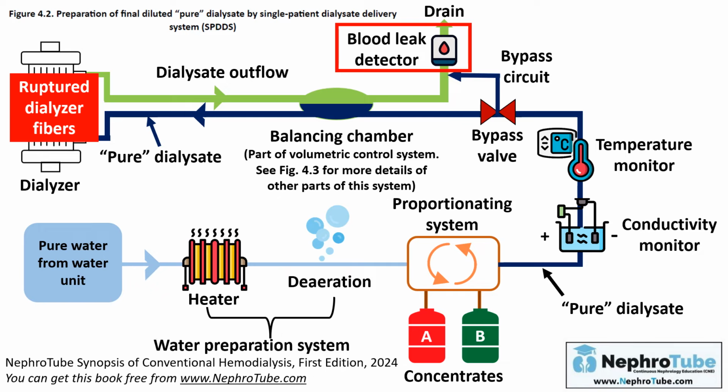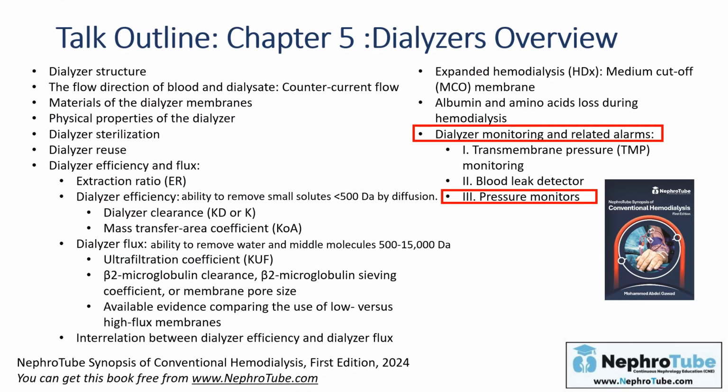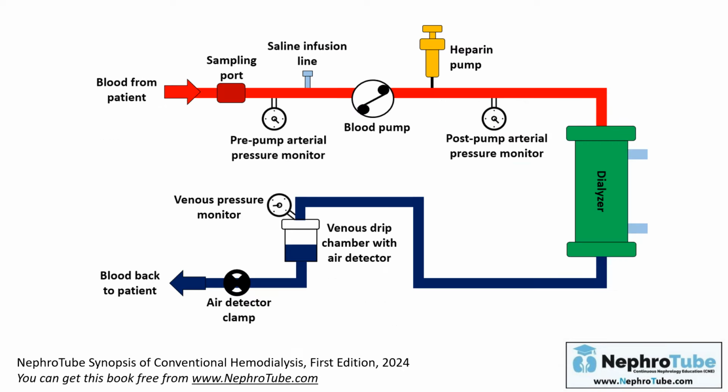The next alarms that can be related to the dialyzer function is the pressure monitor. And we also mentioned that in detail in lecture 2. But in short, if there is dialyzer clotting, we will find an increase in the post-pump arterial pressure monitor and a decrease in the venous pressure monitor.